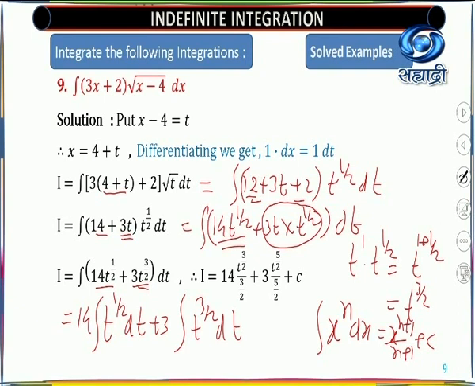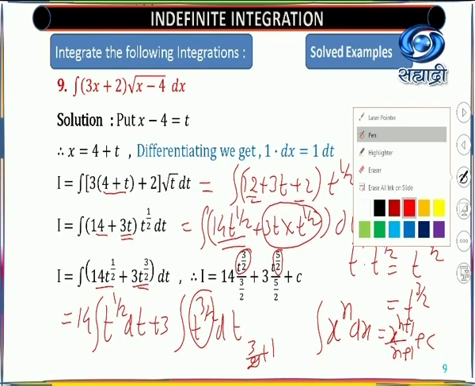So what will you get? Half plus 1 is 3 by 2. Just now I have explained how it is. So you will get t raised to 3 by 2 upon 3 by 2. And here you have 3 by 2, so 3 by 2 plus 1 gives you 5 upon 2. So here the value is t raised to 5 upon 2 divided by 5 upon 2.